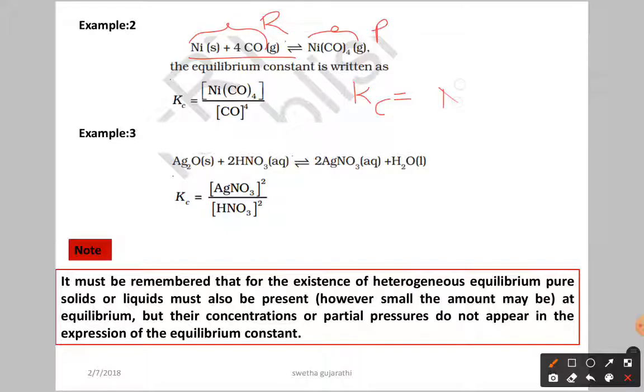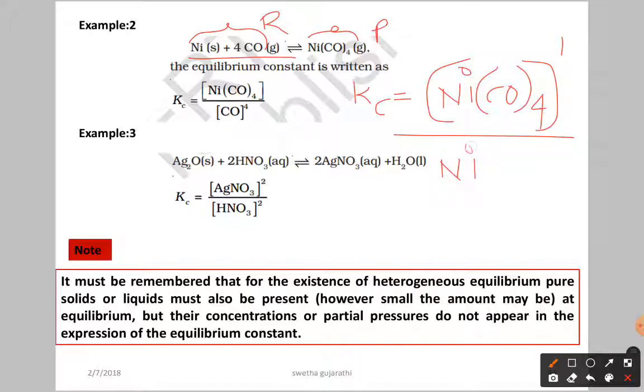You write the molar concentration of nickel tetracarbonyl. Next, the reactants: the molar concentration of nickel and the molar concentration of carbon monoxide raised to the power 4, because the coefficient is 4. Actually you are going to write this.